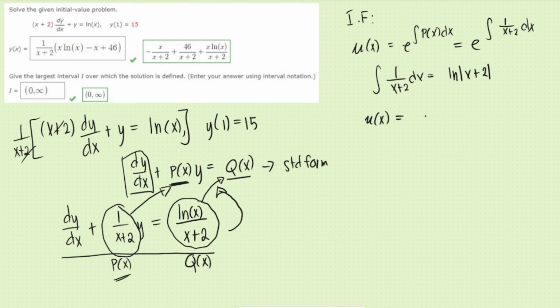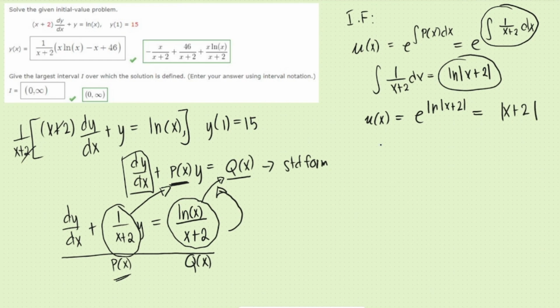And mu of x now is e to the ln of the absolute value of x plus 2. So why is this just x plus 2?